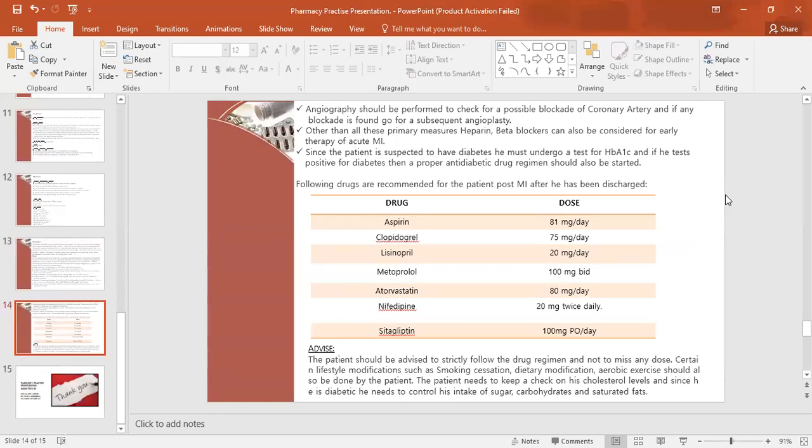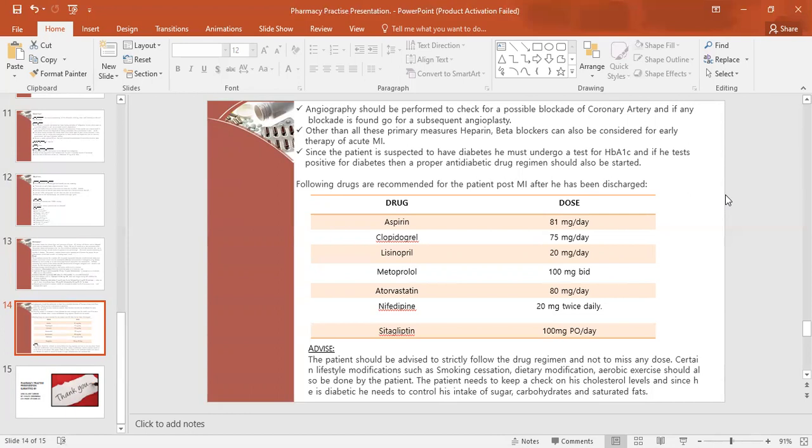Angiography should be performed to check for a possible blockade of coronary artery, and if any blockade is found, go for a subsequent angioplasty. Other than all these primary measures, heparin can also be considered for early therapy of acute MI. Since the patient is suspected to have diabetes mellitus, he must undergo a test for HbA1c.